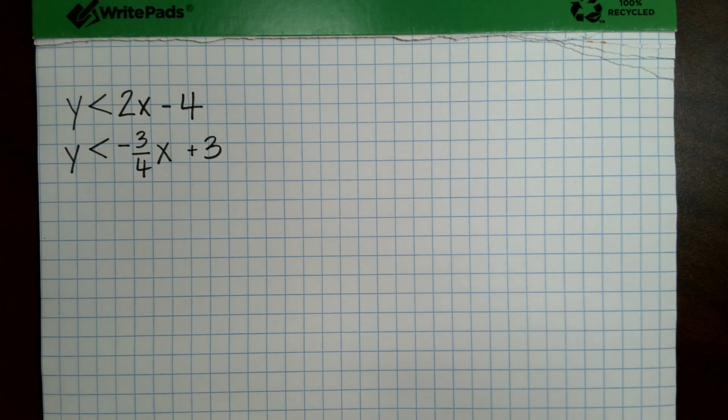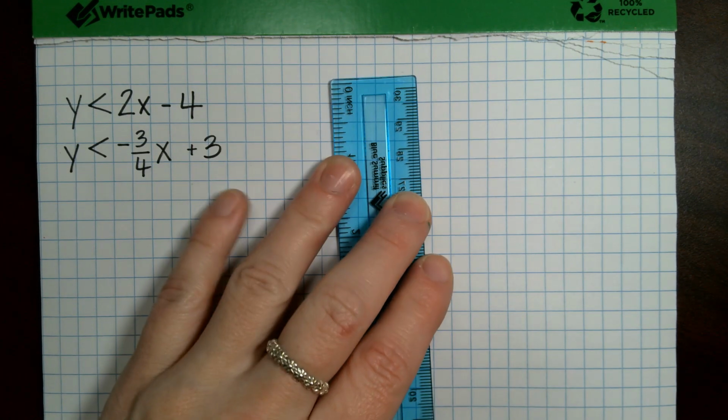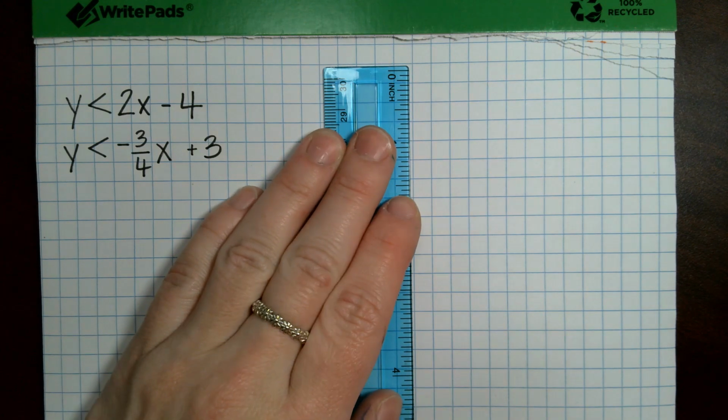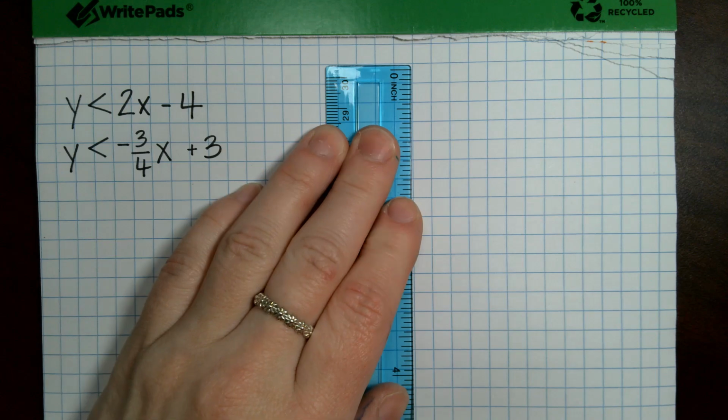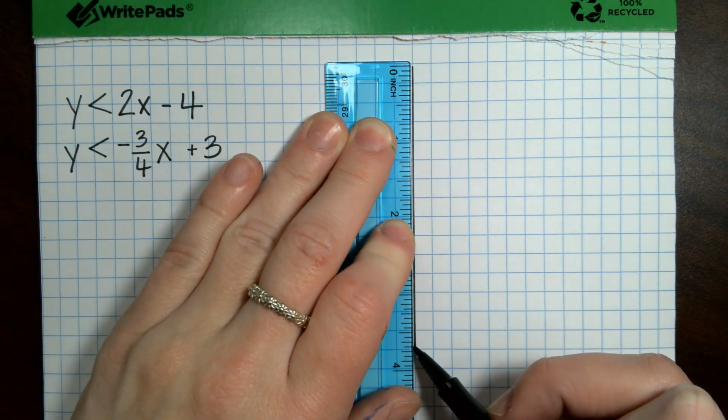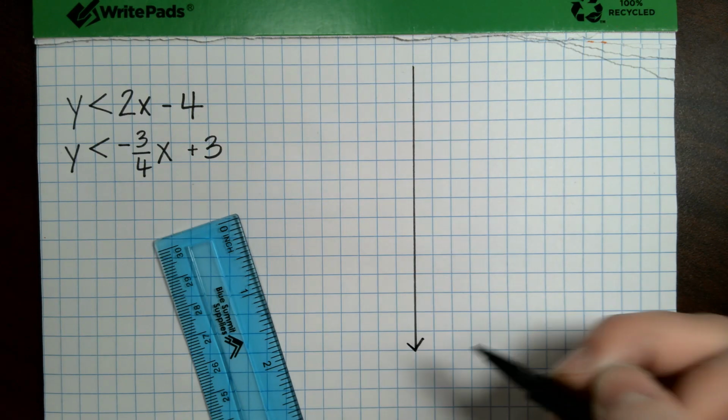Okay, I have no idea what this one's going to look like. I just came up with some random inequalities, so we'll see together. Oh, goodness. It's going to be a mystery for both of us. So let's go ahead and draw our x and y axes so that we can graph this. Oh boy.